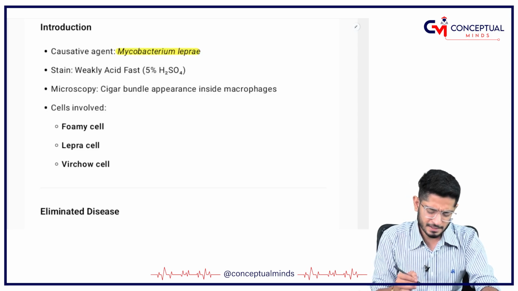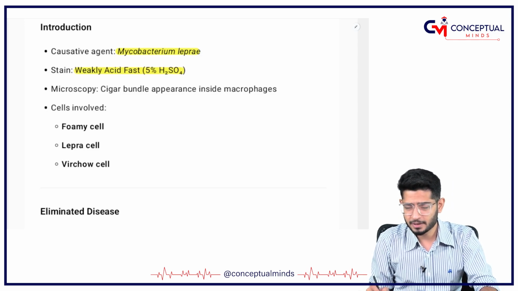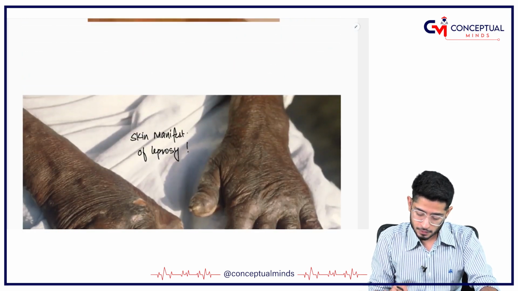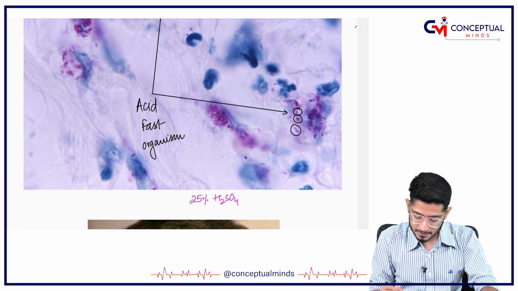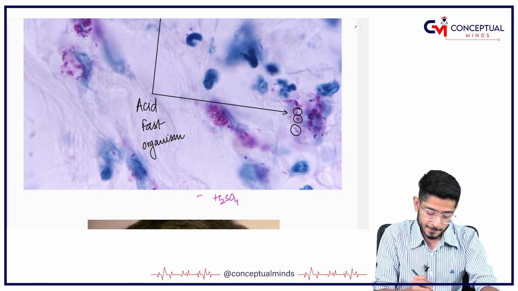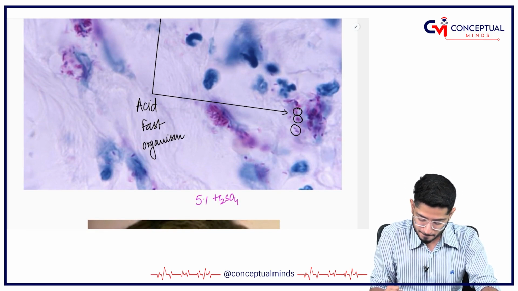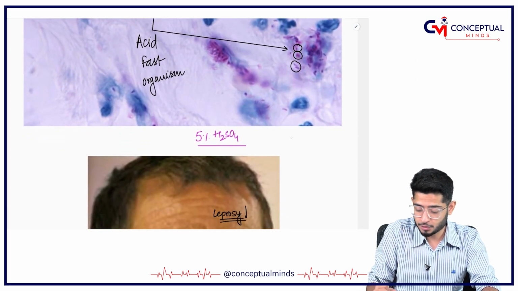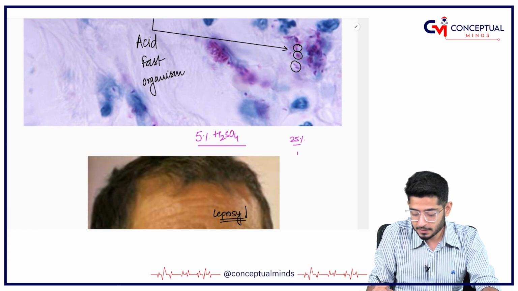They write that it is weakly acid fast, requiring only 5% H2SO4. Sorry for the 25%, it is 5% only. I will make the confusion clear here: 25% is used for Mycobacterium tuberculosis.